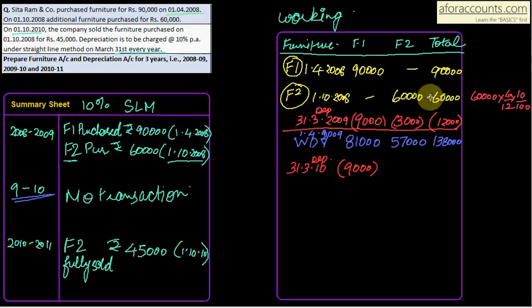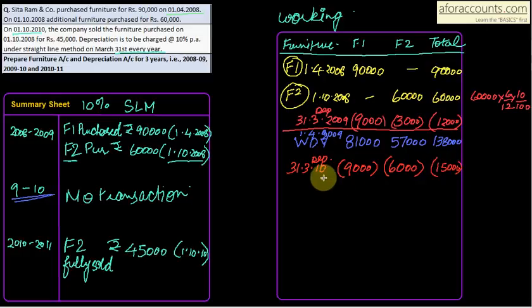And 60,000: now this furniture is with us for the whole year. Last time it was for half year, so 3,000. Now 60,000 into 10%, depreciation comes out to 6,000. So total 15,000 is your depreciation.